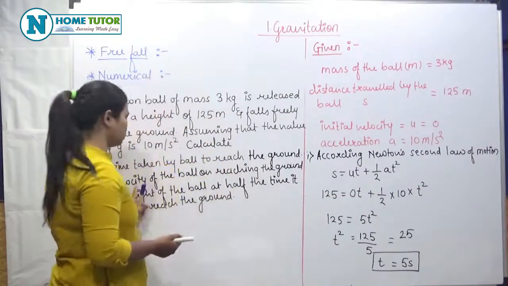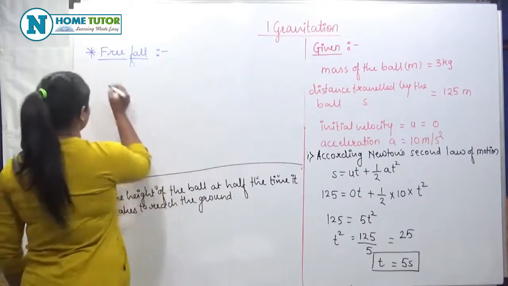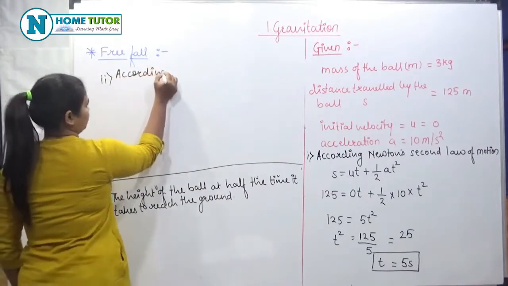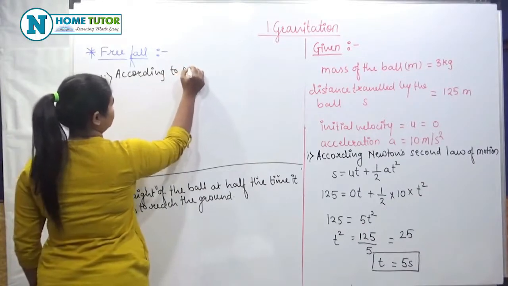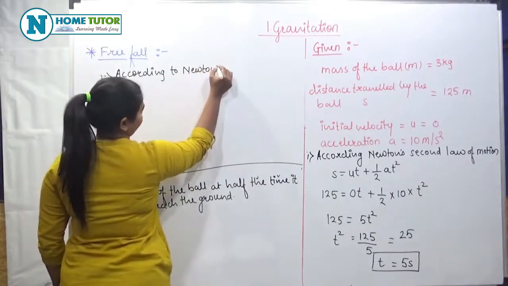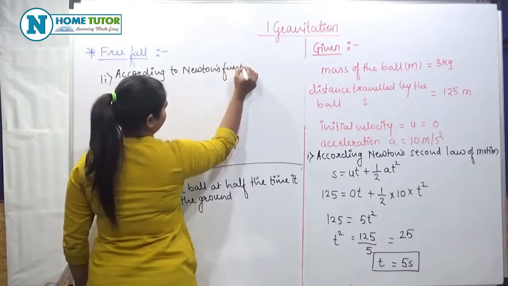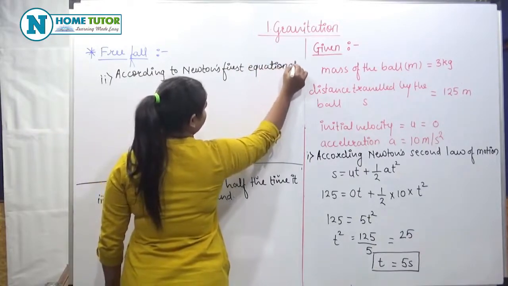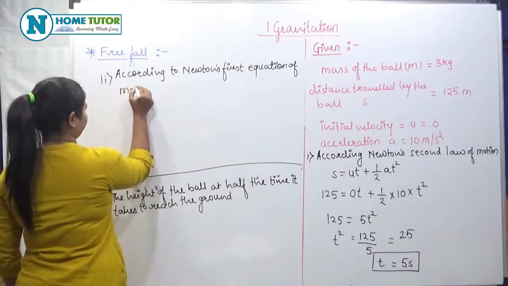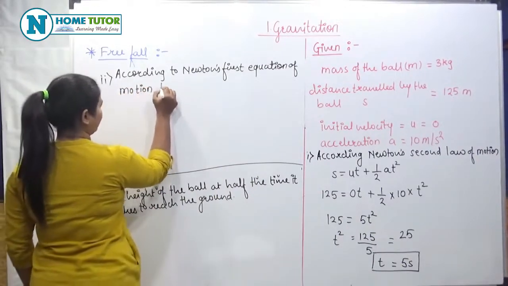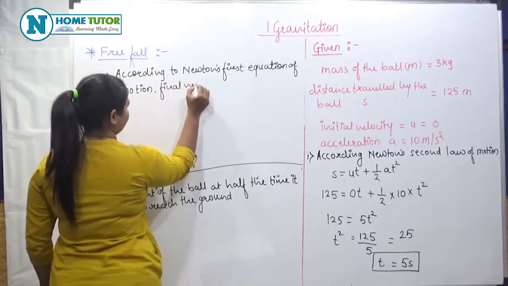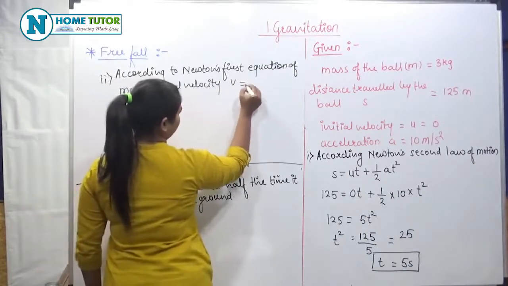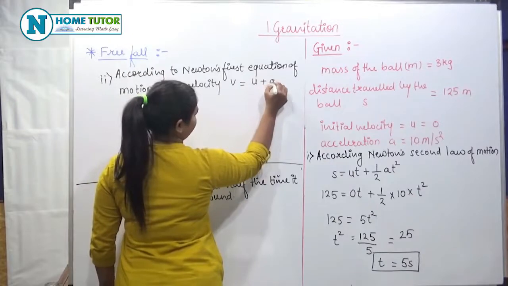Next, what we have to calculate is the velocity of the ball on reaching the ground. Next is, according to Newton's first equation of motion, final velocity, that is v is equal to u plus at.